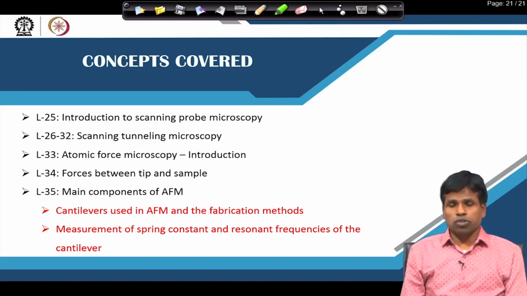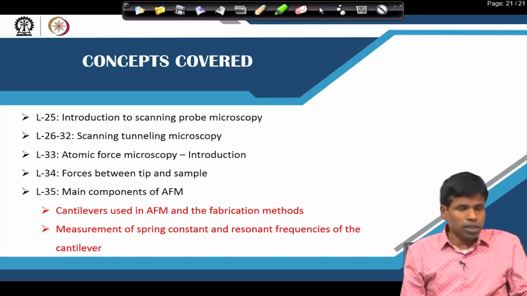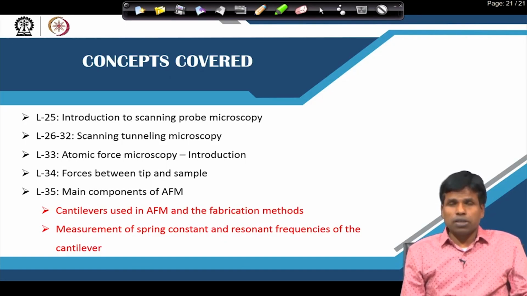Therefore, the material chosen for making the cantilever, and the dimensions of the cantilever, all play important roles in the spring constant value and resonant frequency that can be achieved using a particular type of cantilever.